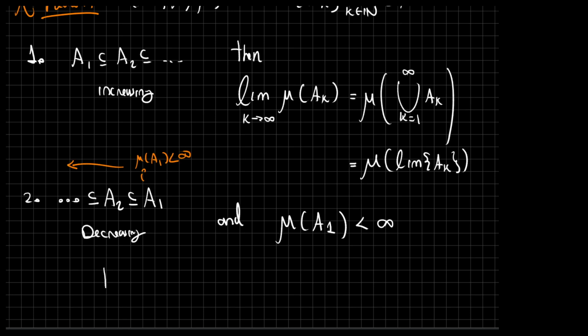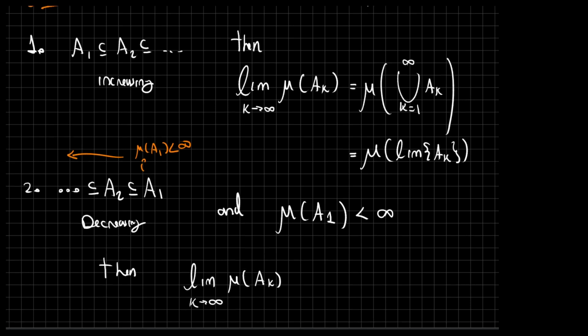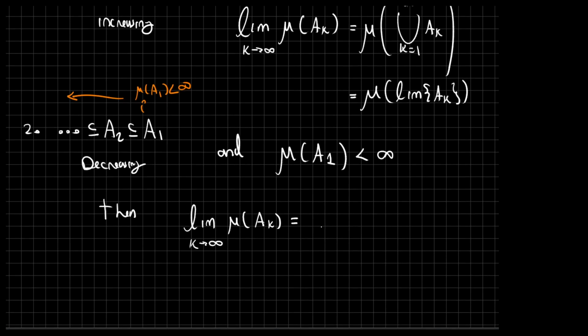So this implies that the limit of the sequence of numbers, well, not necessarily numbers, some of those could be infinity. Well, here not. This is really a sequence of numbers. All right, so this is equal to the measure of the intersection, and this is equal to the measure of the limit of ak.